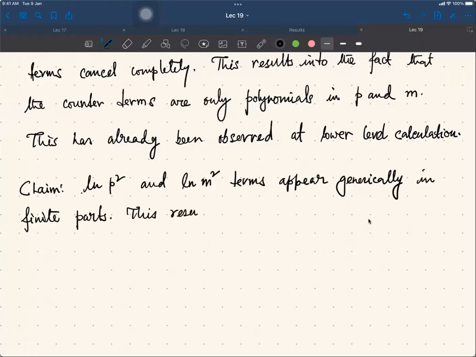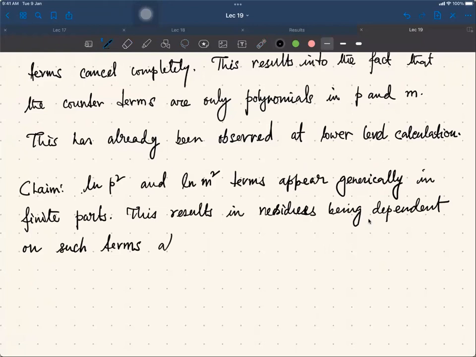This results in residues being dependent on such terms at higher level.